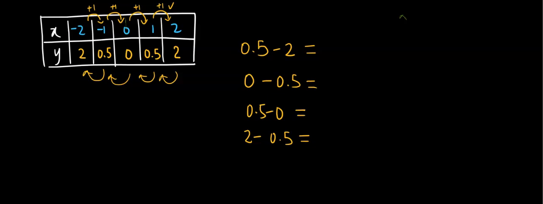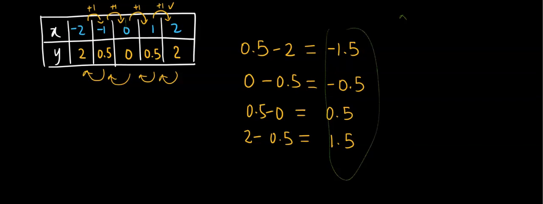We need it. 0.5 minus 2 gives us negative 1.5. 0 minus 0.5 gives us negative 0.5. And then 0.5 minus 0, 0.5. 2 minus 0.5, positive 1.5. Remember, if it's linear, at this stage you already see they have the same difference. They don't have the same difference. Definitely not linear.